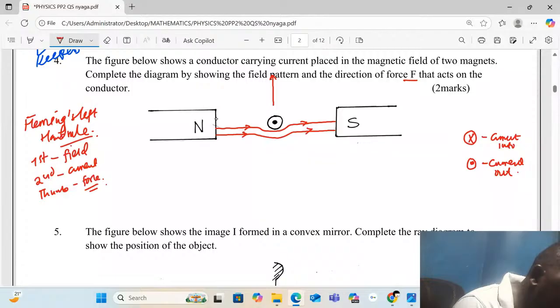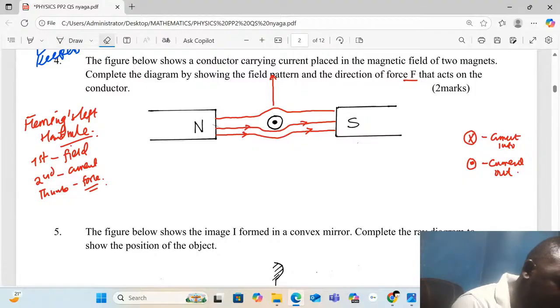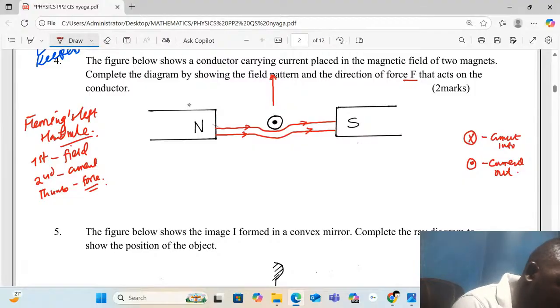And then on the upper side, we are going to have the weak field. So how can we indicate that we are having a weak field? Like this. So the next line, I'll draw it like this.